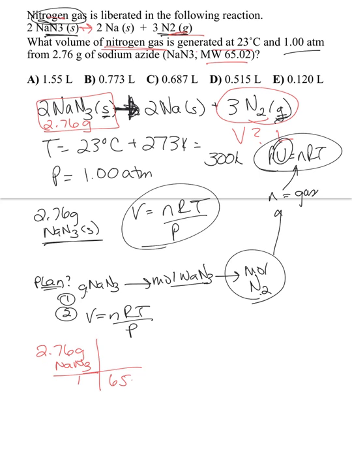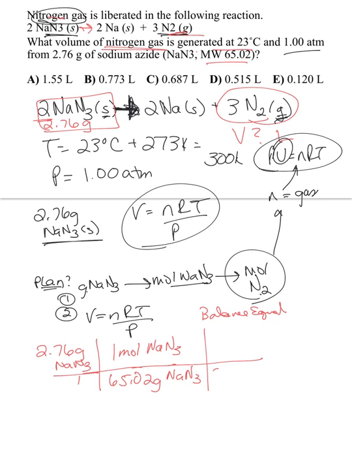So for 65.02 grams of sodium azide, you have 1 mole of sodium azide. And then look at your balanced equation for your coefficients or your ratios.